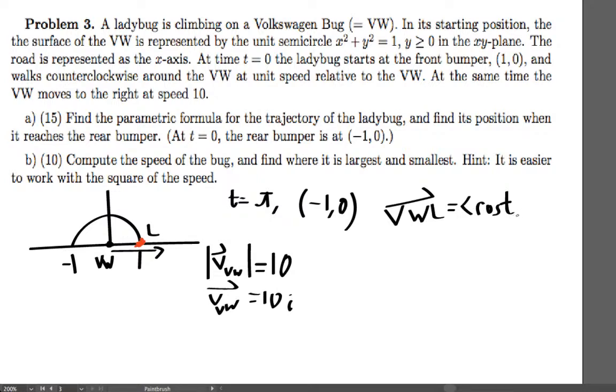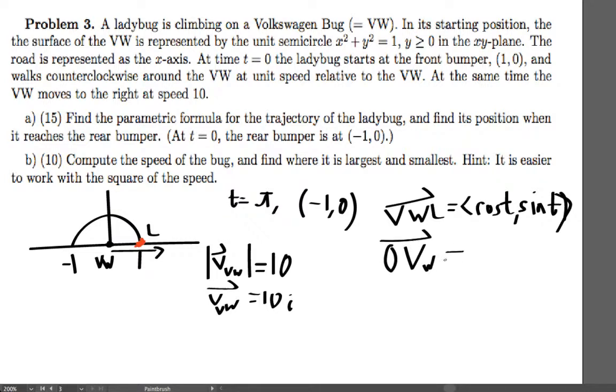For the y-axis, it's sine t. Okay, good. We figured this out, but obviously VW is also moving. Oh, okay, I know where OVW is.